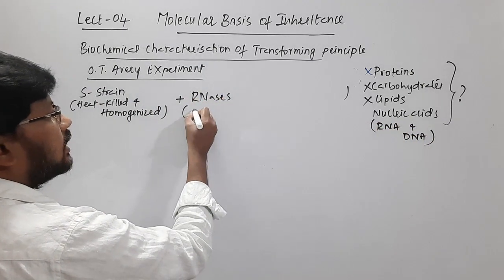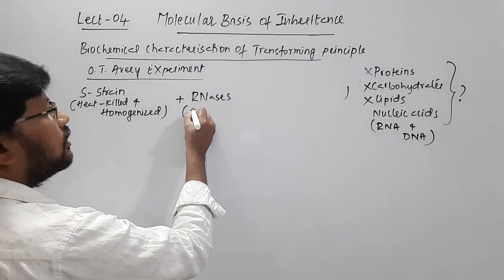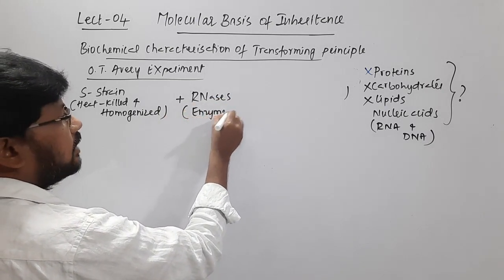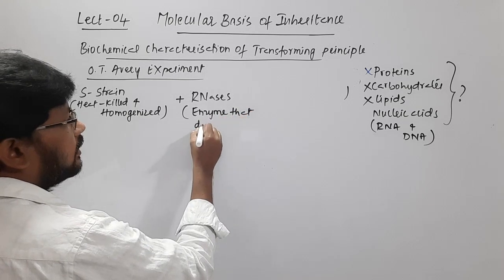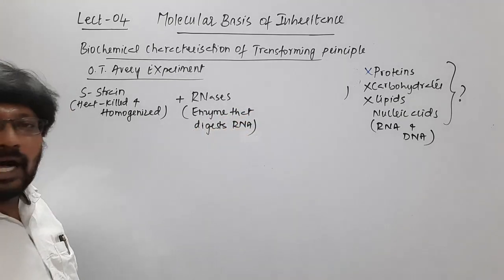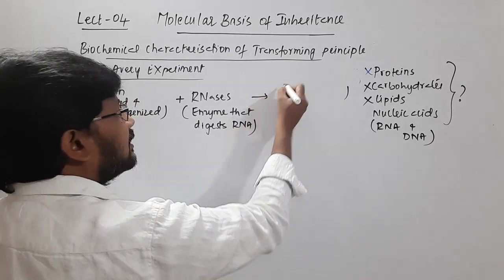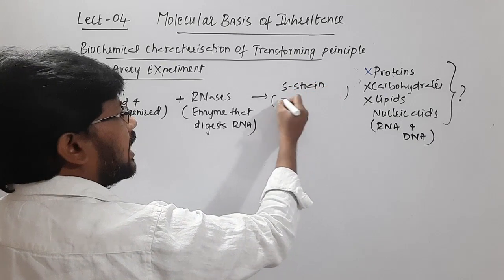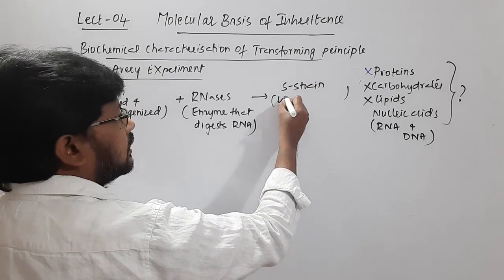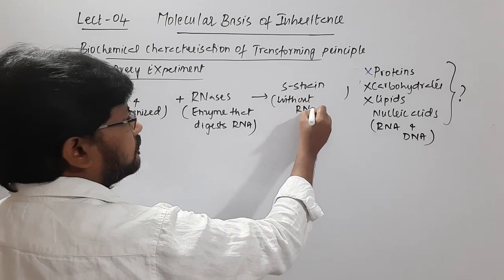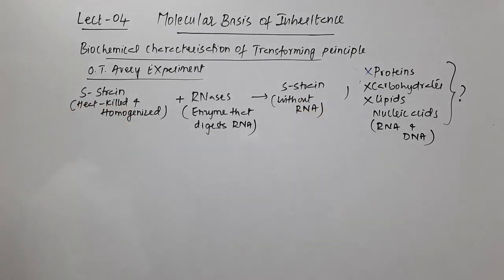This is an enzyme that digests RNA. It means it will remove RNA. So what we get here is a strain that doesn't have RNA, so it is without RNA.